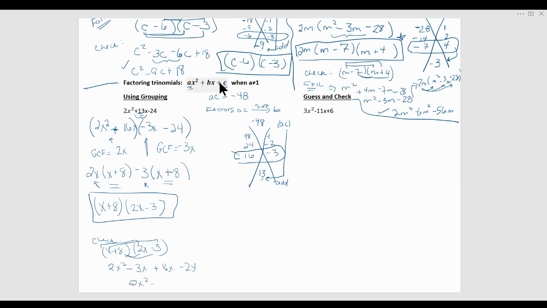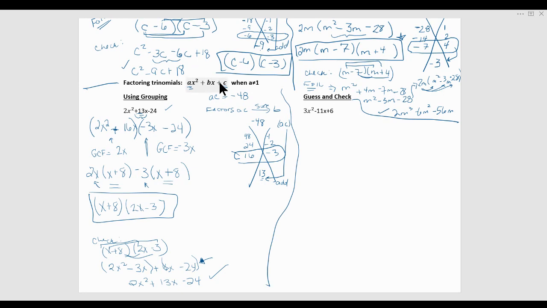And I am back to my original expression. So this indeed is correct. So you can kind of see how this grouping is basically just working this backwards. You're getting to this state, and then you're grouping these two binomials and factoring out greatest common factor.